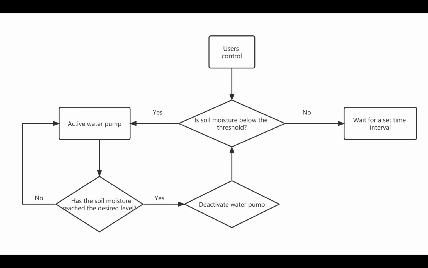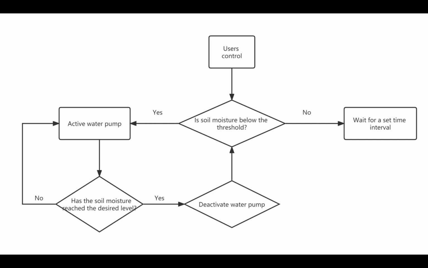After that, it will send an instruction to check if the soil moisture reaches the desired level. If yes, we just deactivate the water pump. If no, we continue to water the plant.